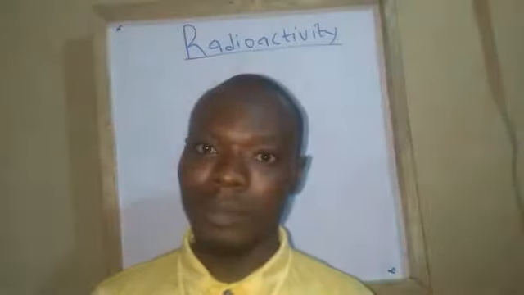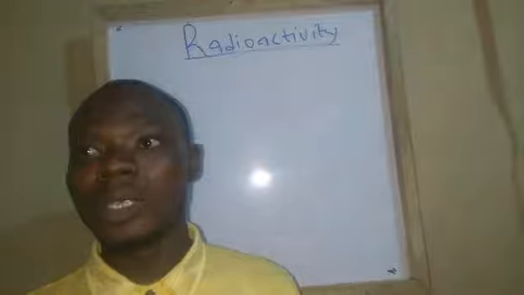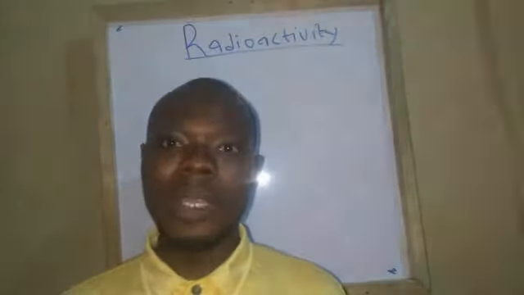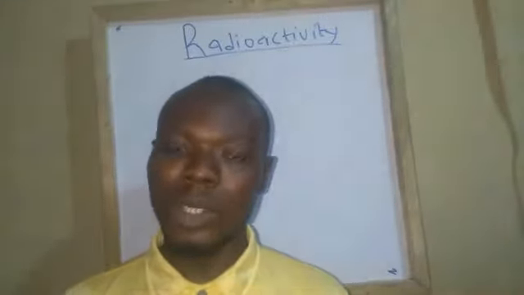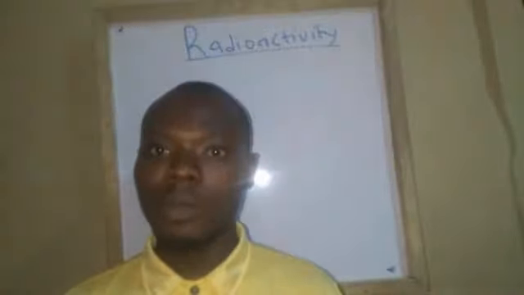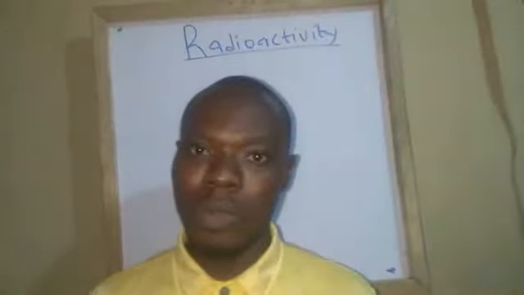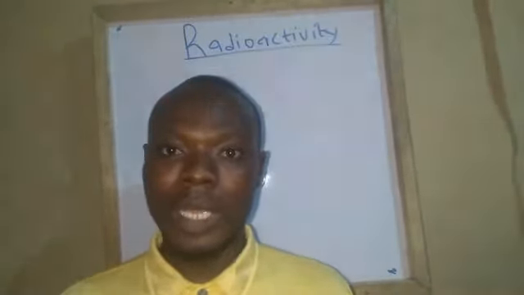Now let me talk of radioactive decay. When you're talking of radioactive decay, you're talking of the spontaneous breakdown of the nucleus of a substance as a result of it emitting radiation in order for it to become more stable. An element that is already stable cannot emit radiation; it doesn't need to decay.